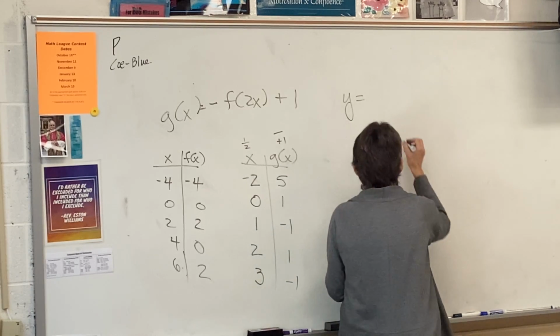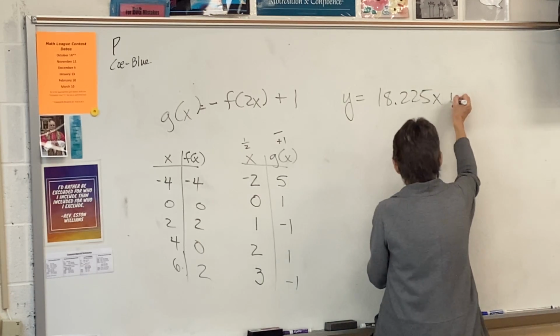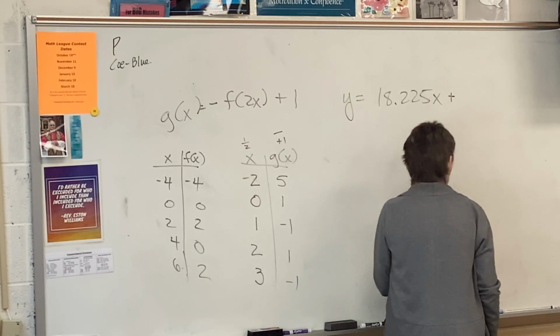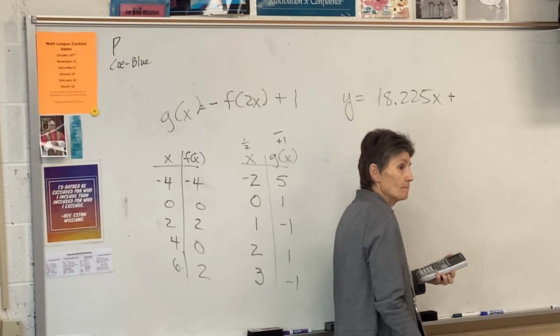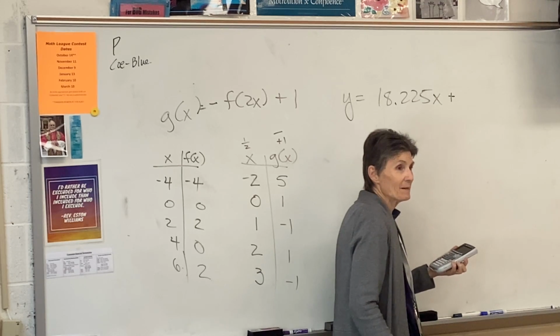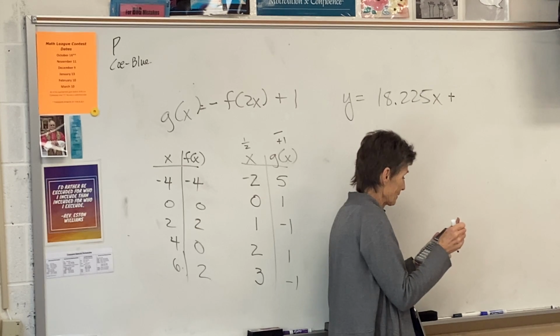I got y equals 18.225x plus 70.039. How did you define your x's? 0, like 0, 1, 2. Okay, years since 1998. Anybody not do that? What did you get? I got minus 36,300.